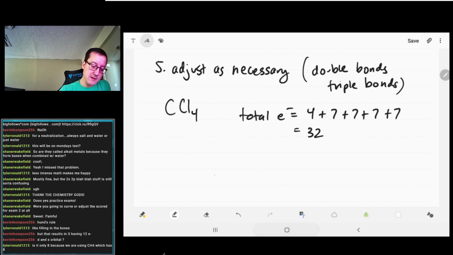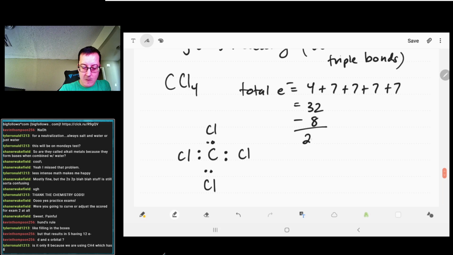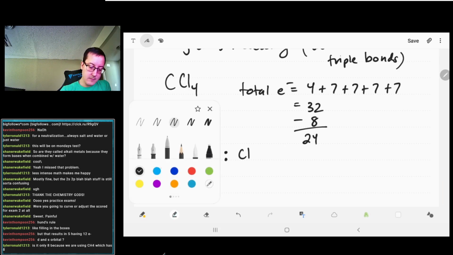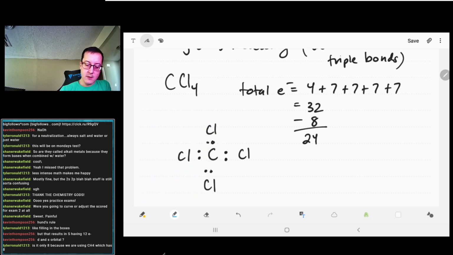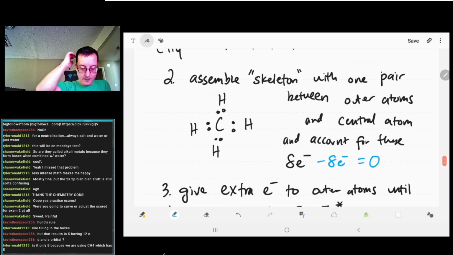So we want to assemble our skeleton with a single bond in between here. So we have therefore used 8 electrons. We have 24 left. So now we have assembled our skeleton. Done.